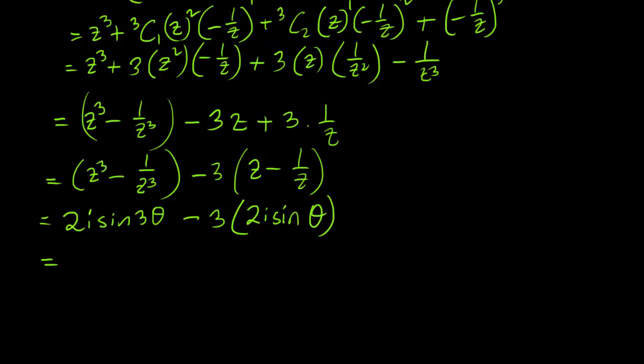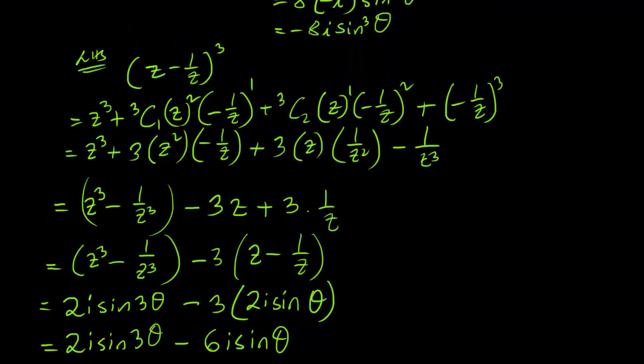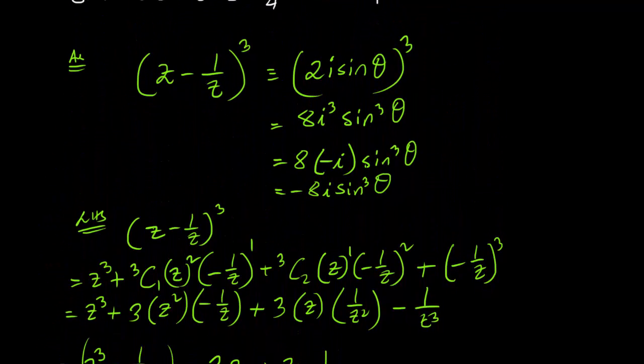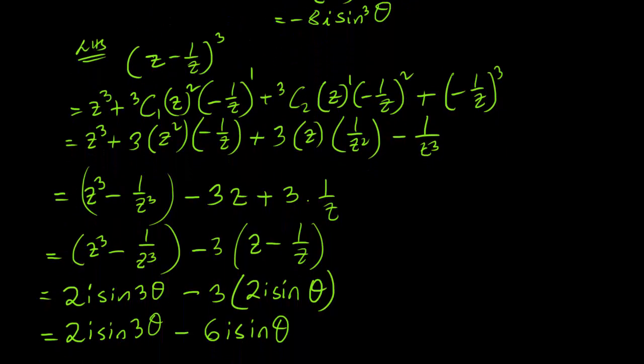So this turns out to be 2i sine 3 theta minus 3 times 2i sine theta, which is 6i sine theta. Now we already have our right hand side, and we know that the right hand side, minus 8i sine cubed theta, is equal to the left hand side.